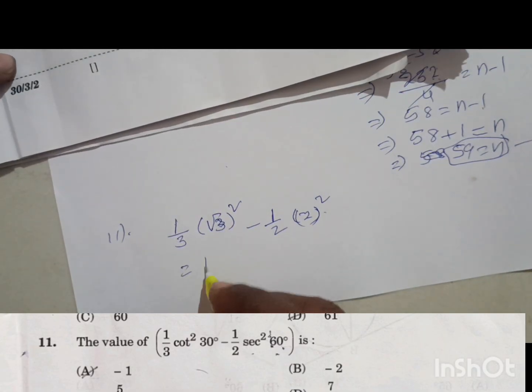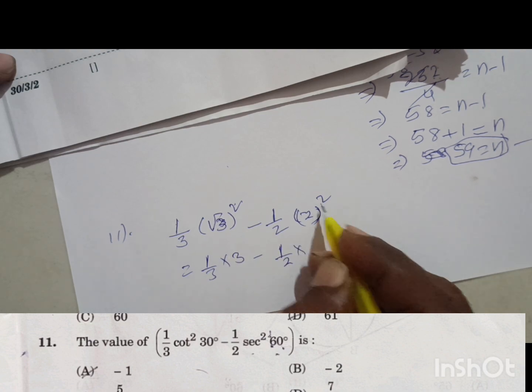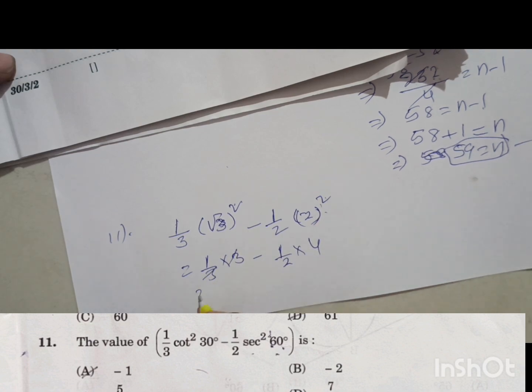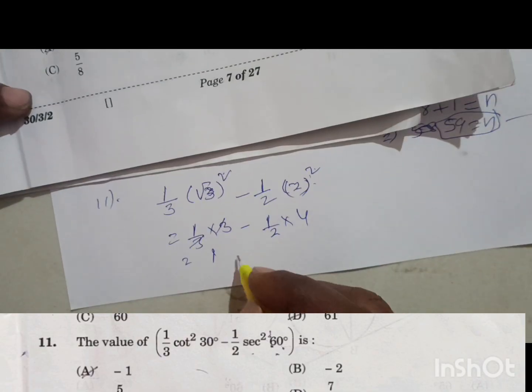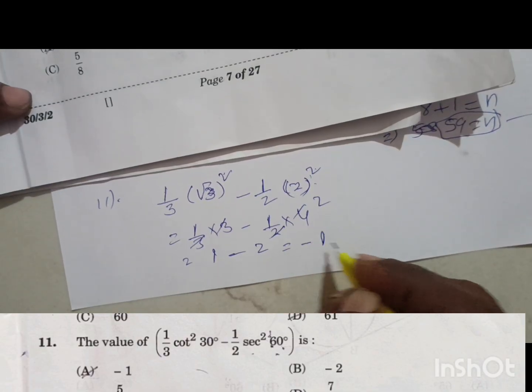So 1/3 into root 3 into root 3, which is 3, minus 1/2 into 2 into 2, which is 4. The 3 cancels, leaving 1, and 4 over 2 is 2. So 1 minus 2 means minus 1.